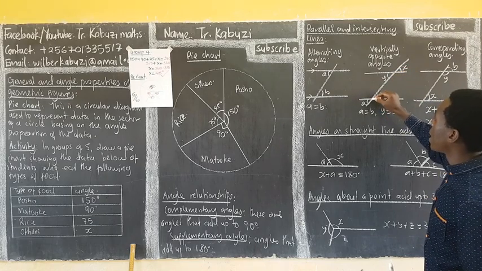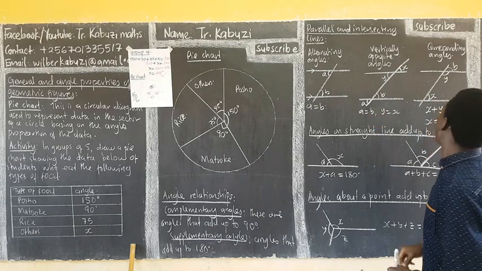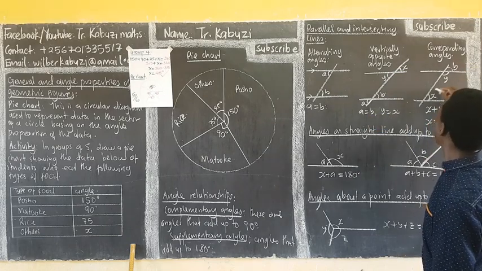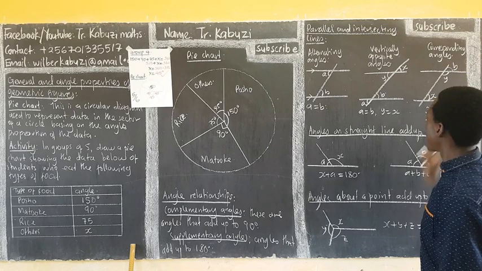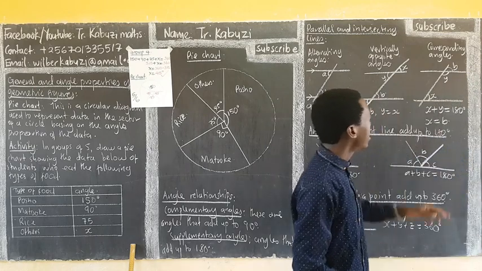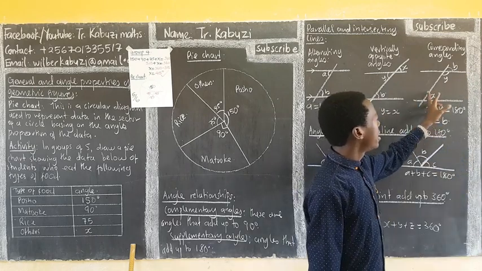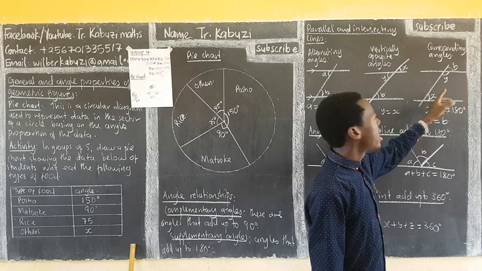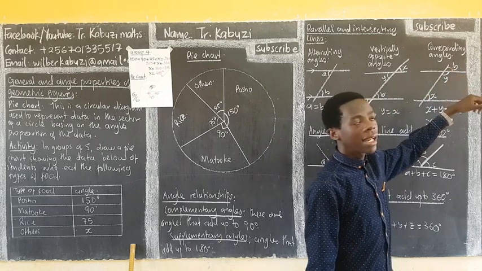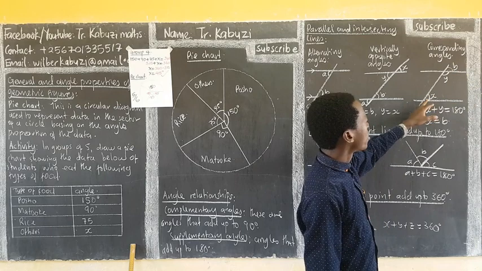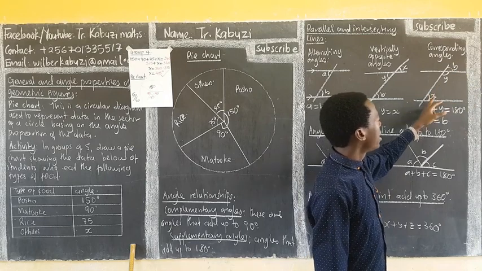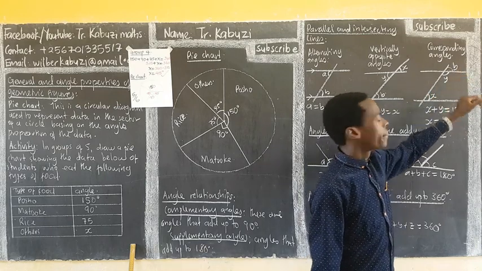They are vertically opposite. Then corresponding angles, when you add this plus this, they add up to 180, and always the angle this line makes above this line is going to be the same as what it makes above that line. And also it's going to be this. So meaning x is going to be equal to b.